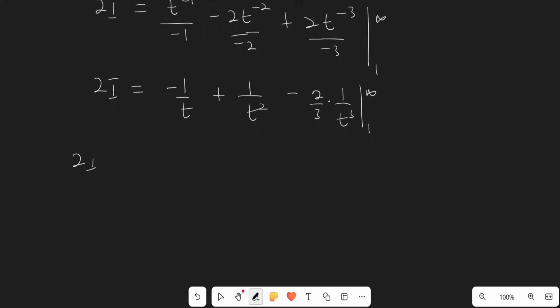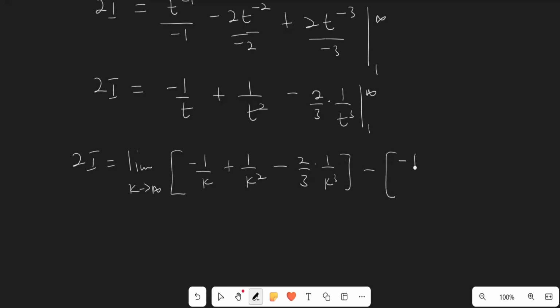So we are going to have 2I is equal to the limit, as let's say k approaches infinity, of negative 1 over k plus 1 over k squared minus 2 over 3 times 1 over k to the third, minus, plugging in the lower limit, negative 1 over 1 plus 1 over 1 squared minus 2 over 3 times 1 over 1 to the third.